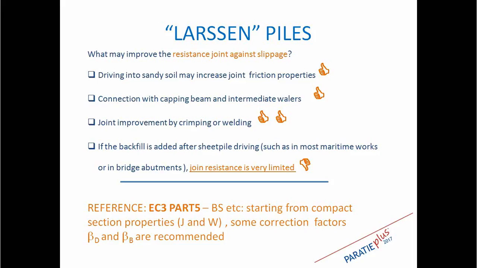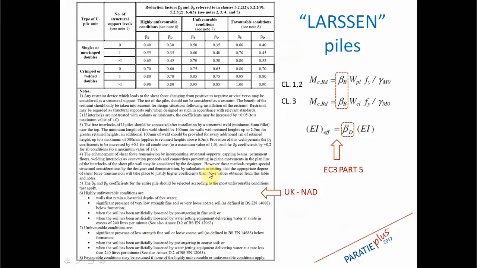There is a thorough discussion of this aspect, and also there are recommendations to calculate reduced cross sections of sheet piles. And as we will see, there are some reduction factors for both the flexibility and the resistance modulus of sections.